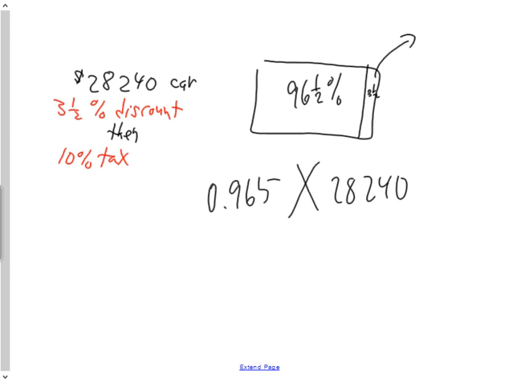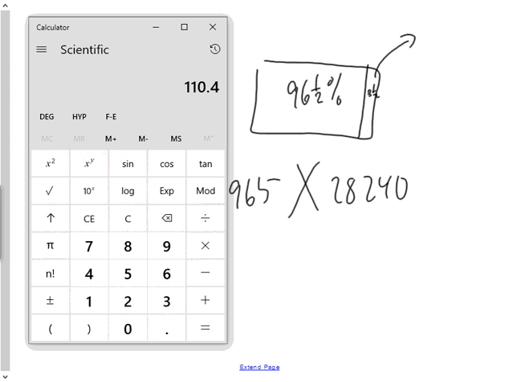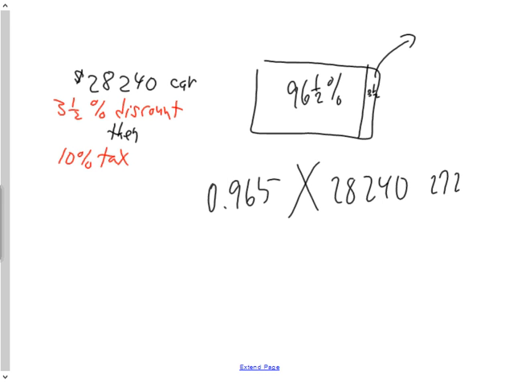When you work it out with a calculator, 96.5% of the car you have to pay for means that the car will cost you, after your discount, $27,251.60. That is the cost of the car after a 3.5% discount.